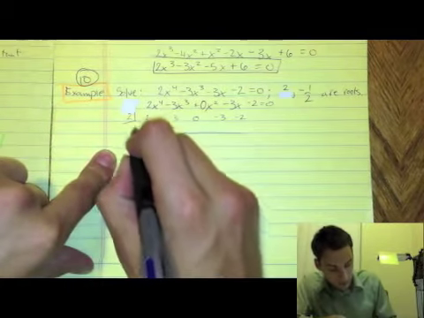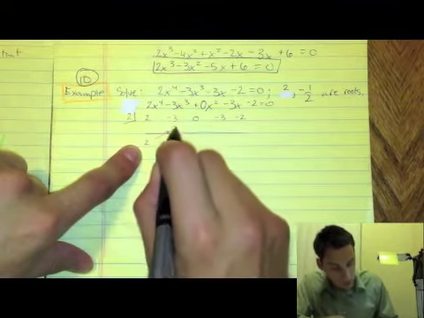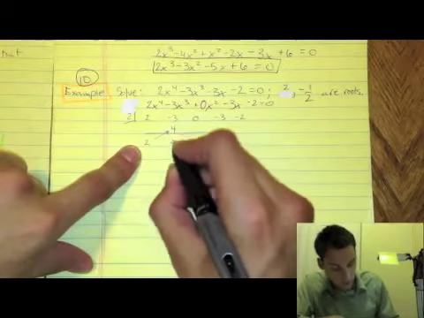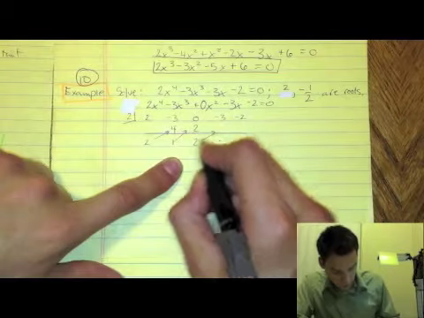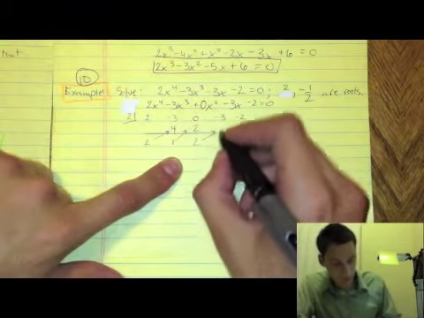Bring down the 2. 2 times 2 is 4. Add. That's 1. 2 times 1 is 2.